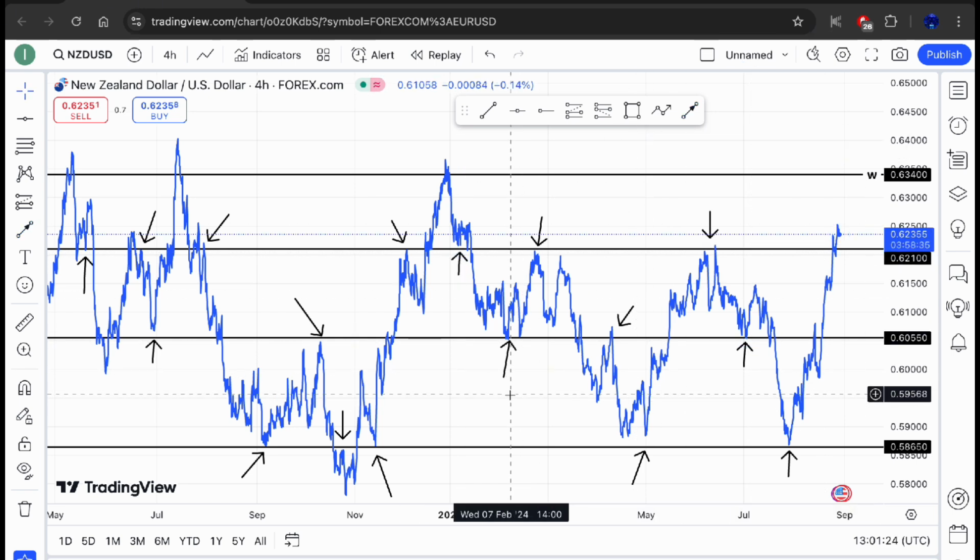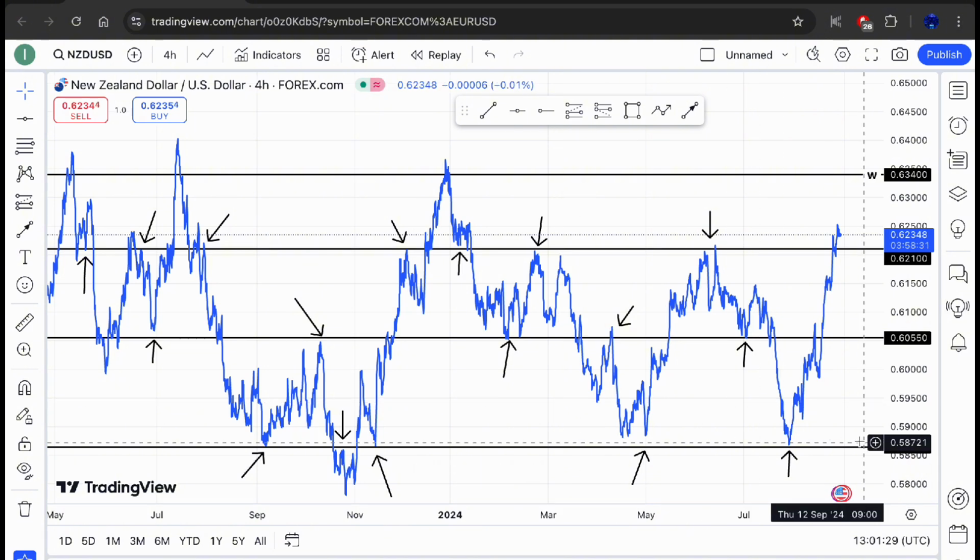Basically, I'm done marking out all the psychological levels that I could find on the H4 time frame. You can see that, as usual, they are all rounded up to the nearest 50, the nearest 50, and the nearest 100 here.